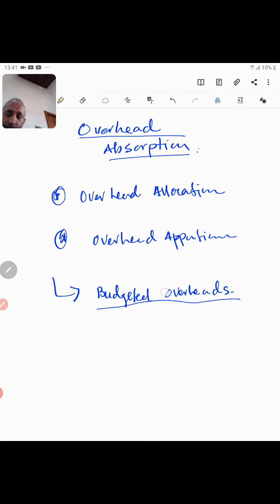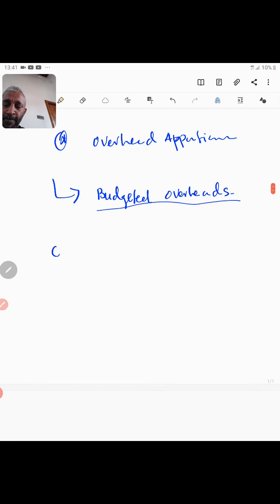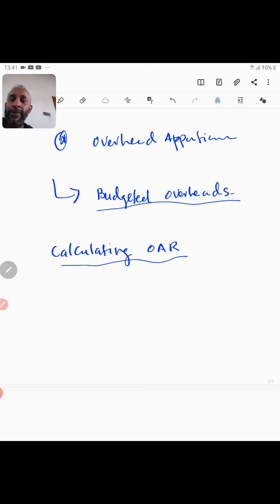When calculating the overhead absorption rate, we have to follow the following steps.